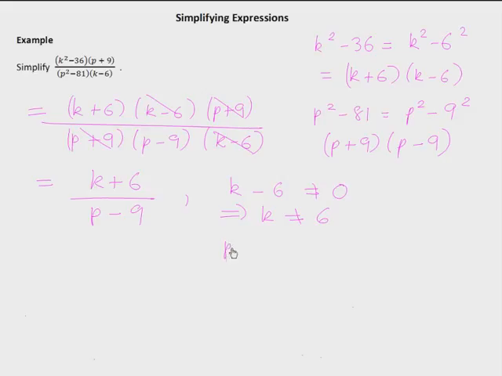And I also need to state that p plus 9 was not equal to 0, which means p cannot equal 9. So the original expression is equal to this simplified expression, with the caveat that k cannot equal 6 and p cannot equal 9.